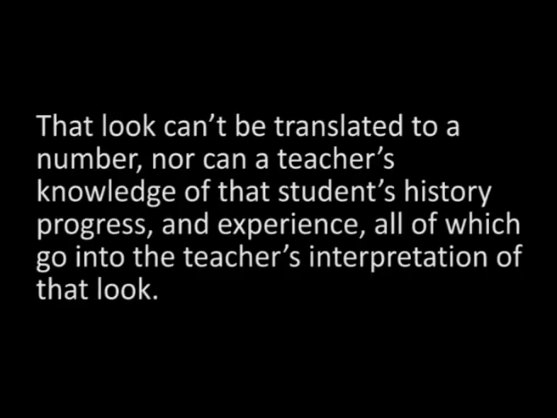That look can't be translated to a number, nor can a teacher's knowledge of that student's history, progress, and experience, all of which go into the teacher's interpretation of that look. And that interpretation may be far more valuable in helping that student succeed than knowing her grade or numerical score on the test.